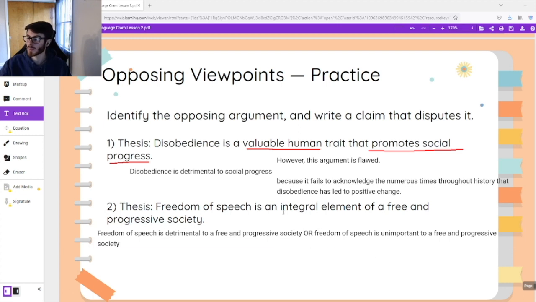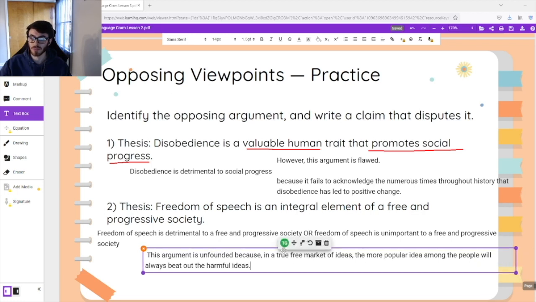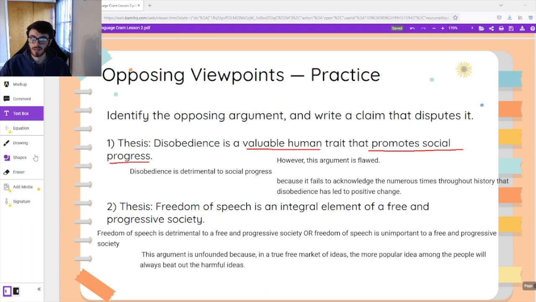We can pick whichever one we want to address. But if we were going with the first one, we could dispute it by saying this argument is unfounded because in a true free market of ideas, the more popular idea among the people will always beat out the harmful ideas. And that would be disputing the idea that it's detrimental.